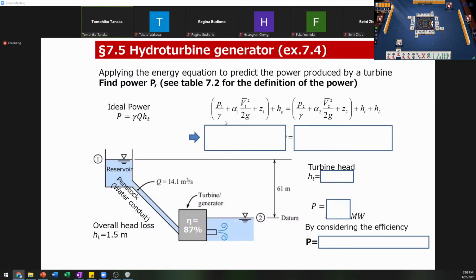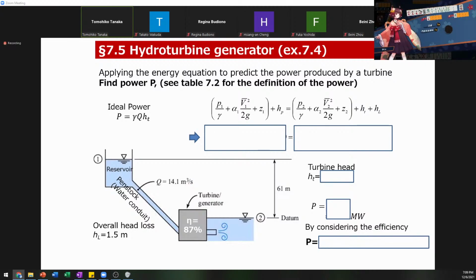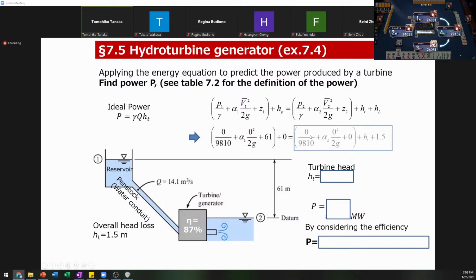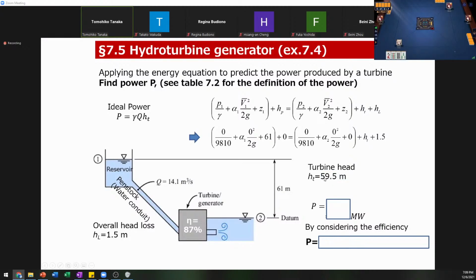Okay, starting from the energy equations. Then substitute all the numbers. And the question is, what's the turbine head? The turbine head can be calculated as 59.5, and the ideal power can be calculated as 8.23 megawatt.